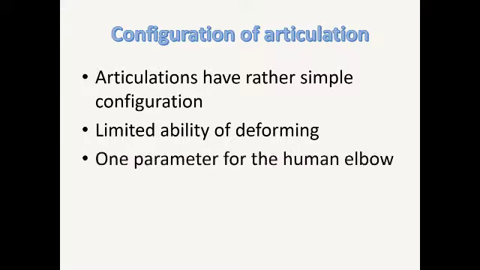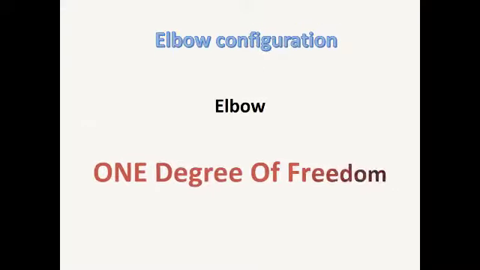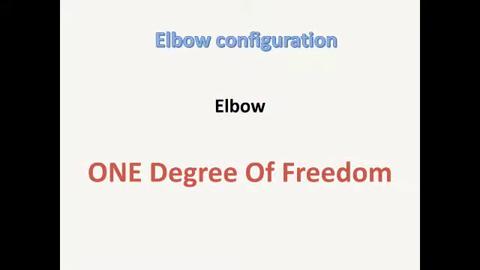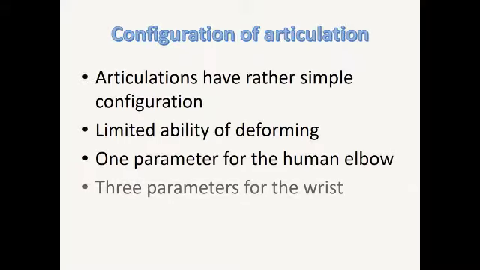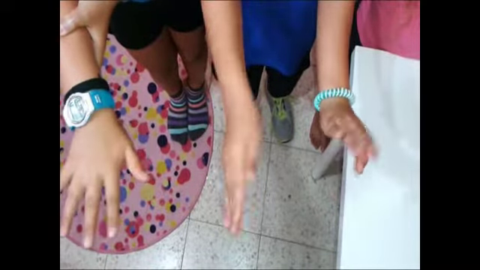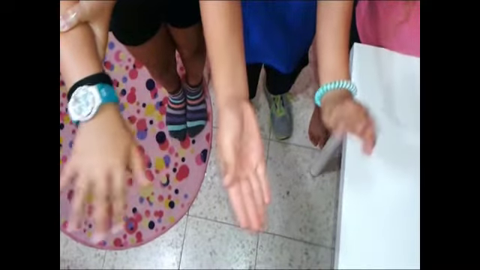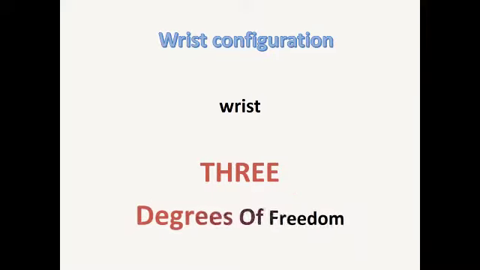For example, the configuration of the human elbow has only one parameter, which is the angle of the elbow, and then we say that the human elbow has 1 degree of freedom. The configuration of the human wrist, for example, has 3 parameters, and then we say that the human wrist has 3 degrees of freedom.